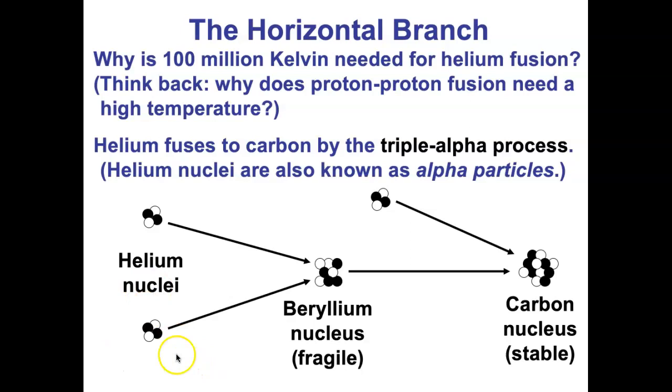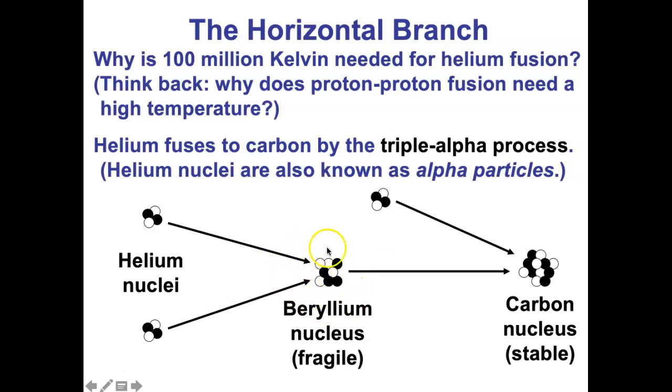Well, helium fusion happens according to what's called the triple alpha process. The triple alpha process basically means it takes 3 helium atoms. The first step is that you take 2 helium atoms, they collide, and they turn into beryllium-8. Beryllium-8 is a pretty flimsy, fragile atom.